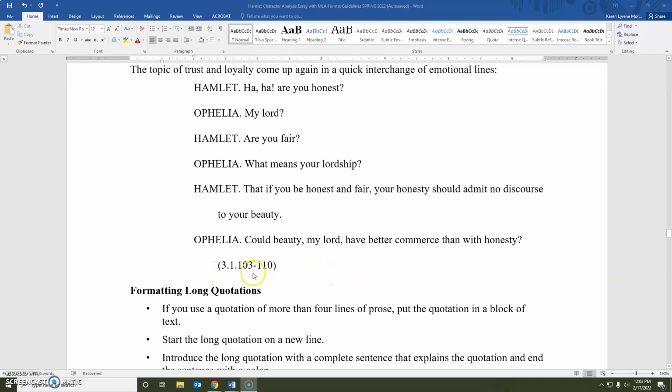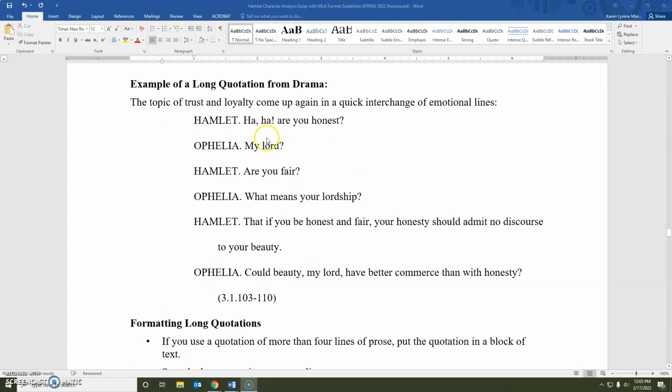And that is also why the parenthetical citation at the end of all this, lines 103 through 110, is sort of on this line. If this line ended after better, I would have plenty of room to add the parenthetical citation at the end. So you can keep it on the same line as the last line of your block quotation.